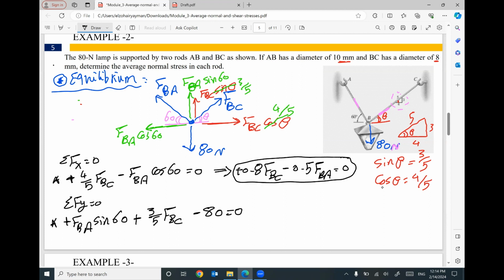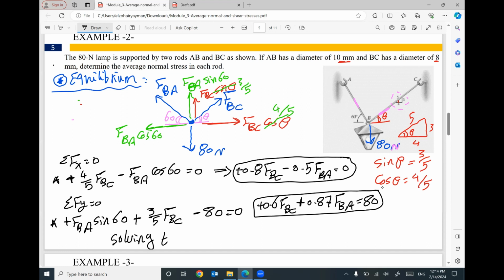I can simplify this one too. So I will have positive 0.6 FBC, positive sine 60, which is 0.86 or 0.87, FBA equals 80. Solving the two equations will give you the value of FBC and the value of FBA.